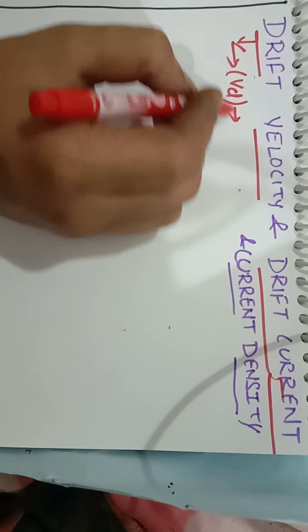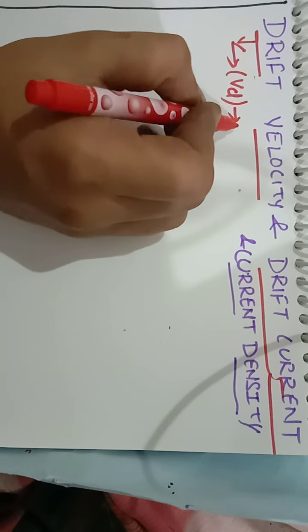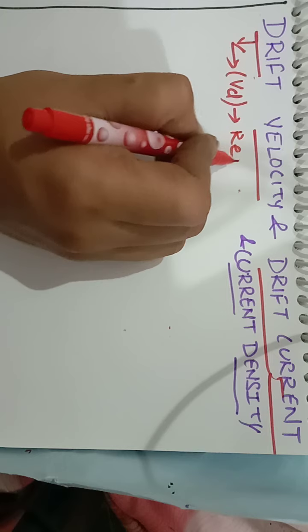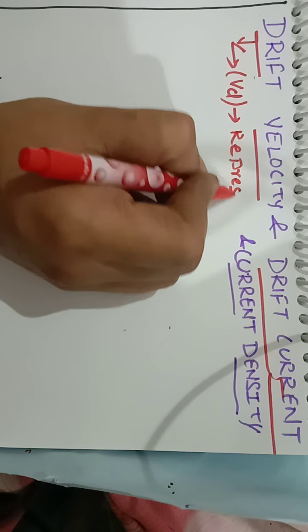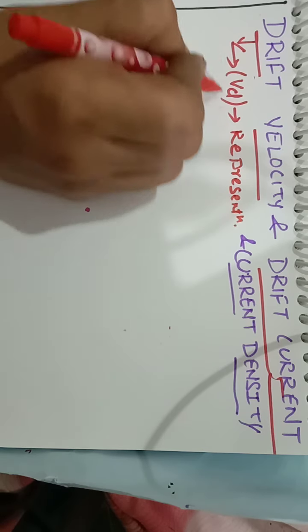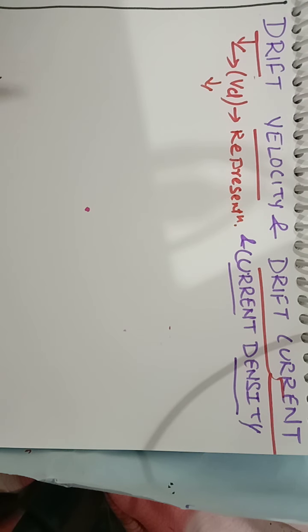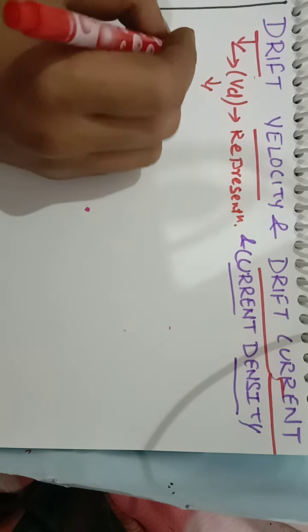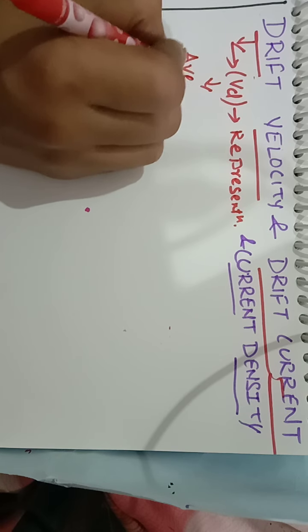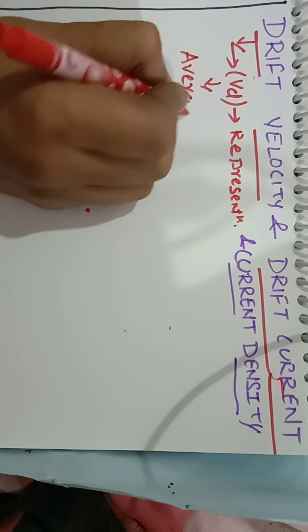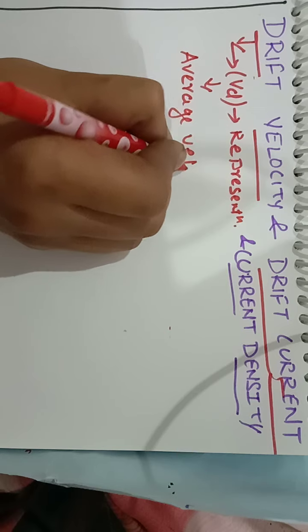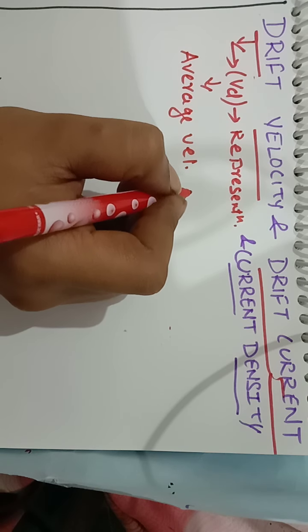First, see that drift velocity is represented by Vd. It is a representation. What is Vd? Drift velocity is actually the average velocity. Average velocity of whom?